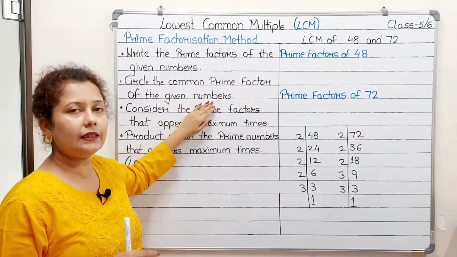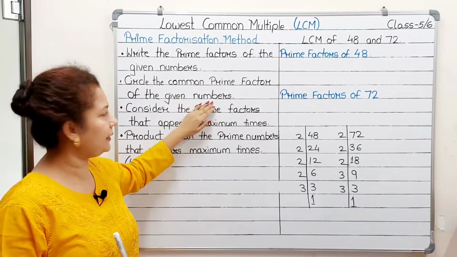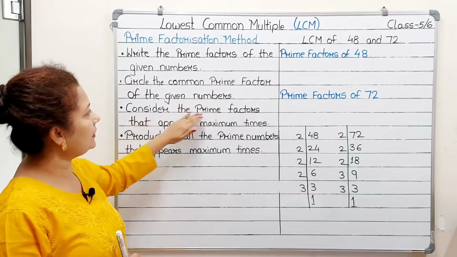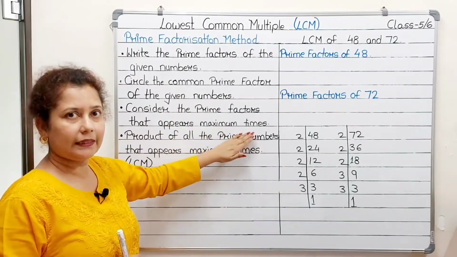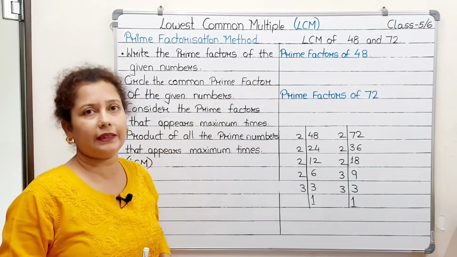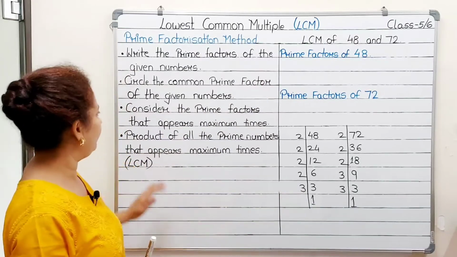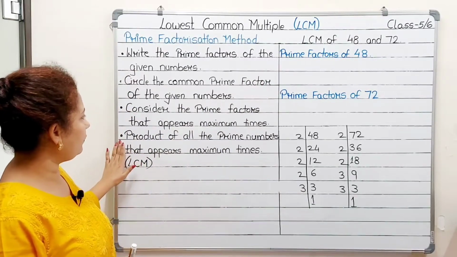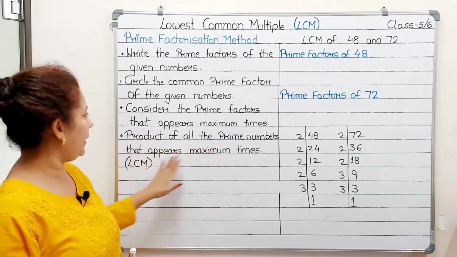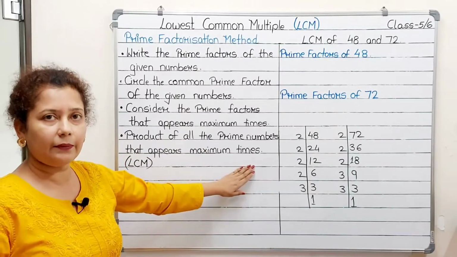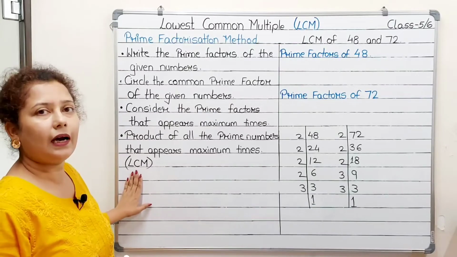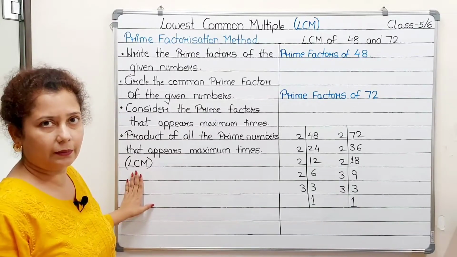Then consider the prime factors that appear the maximum number of times; this point I will explain with the help of an example. And lastly, we have to find the product of all the prime numbers that appear the maximum number of times, and that product will give us the LCM of those numbers.